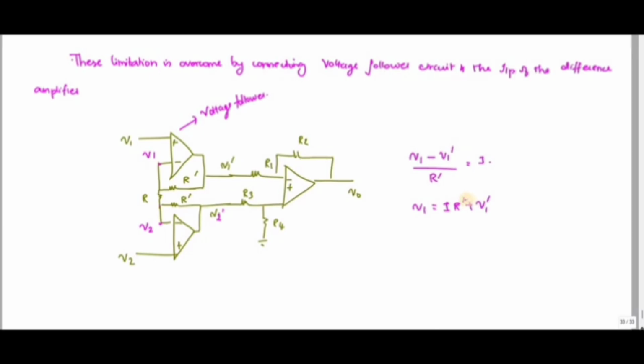V1 minus V1 bar divided by R bar is equal to minus I.